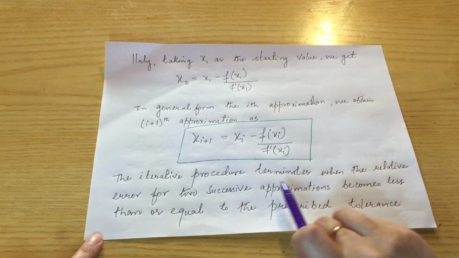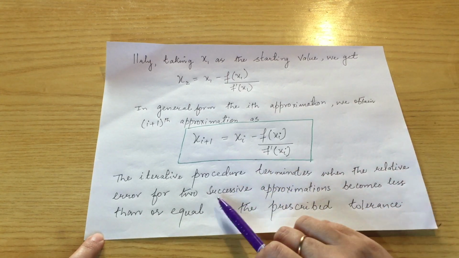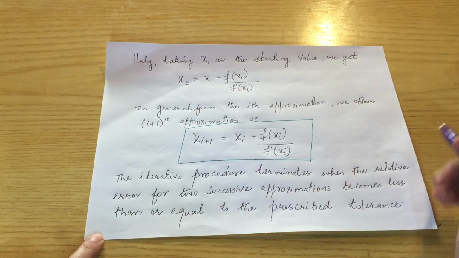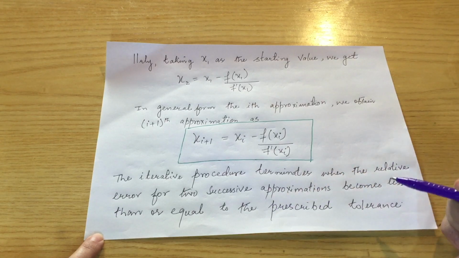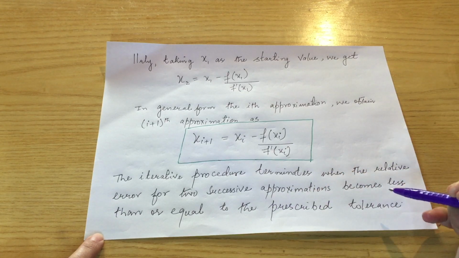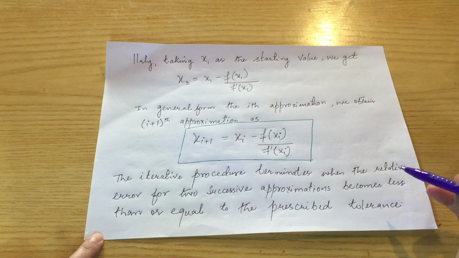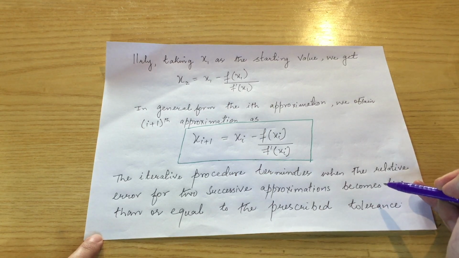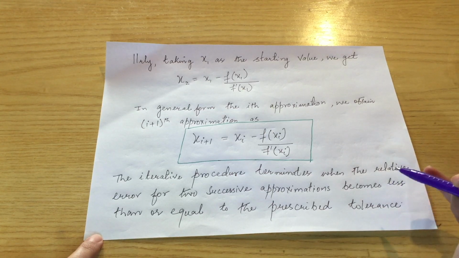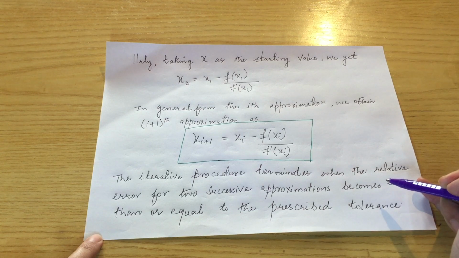So the iterative procedure terminates when the relative error for two successive approximations becomes less than or equal to the prescribed tolerance. So basically in today's lecture we saw how to derive the formula for the Newton-Raphson method using the geometrical method, and the other method was using the Taylor series method.